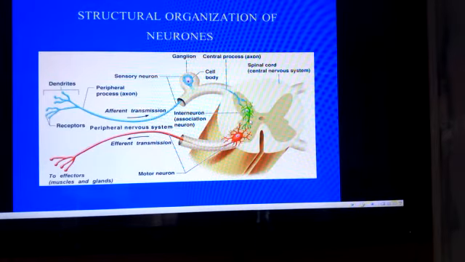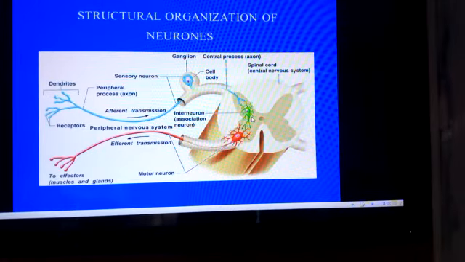So the blue one represents the sensory neuron. The green one represents the interneuron or associative neuron or connector neuron, or sometimes we call it the relay neuron, and most commonly it is called the relay neuron. Then the last one is the motor neuron.